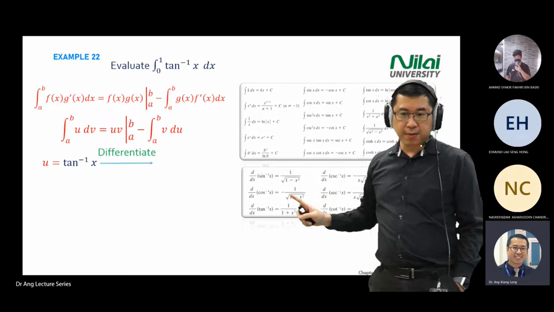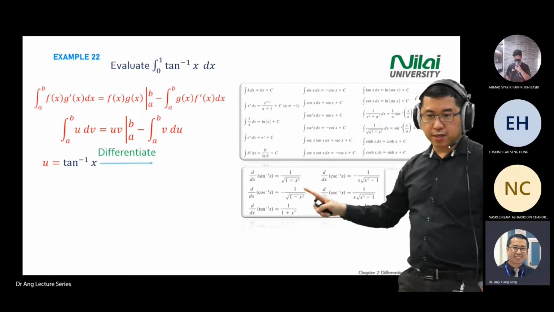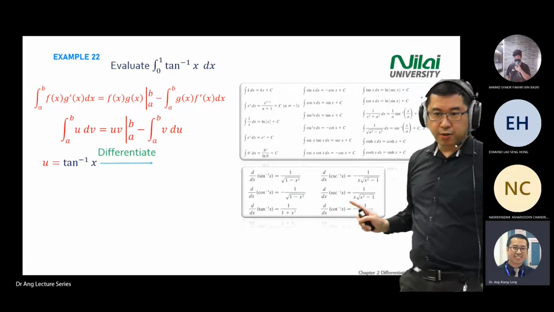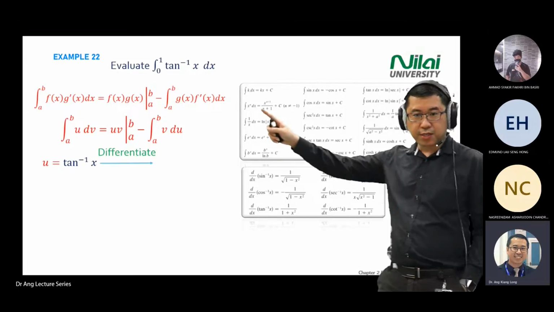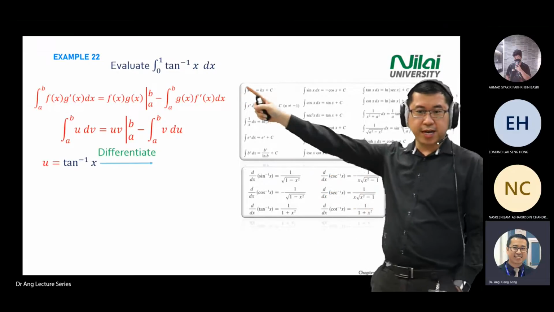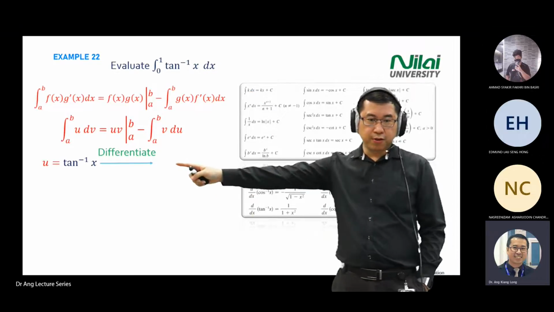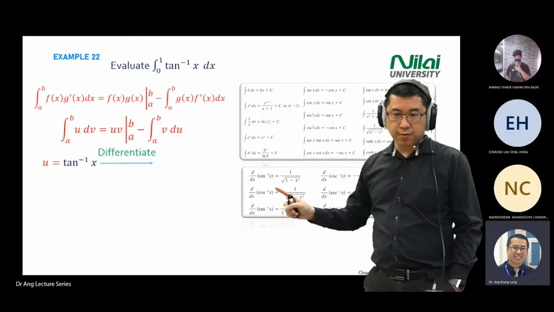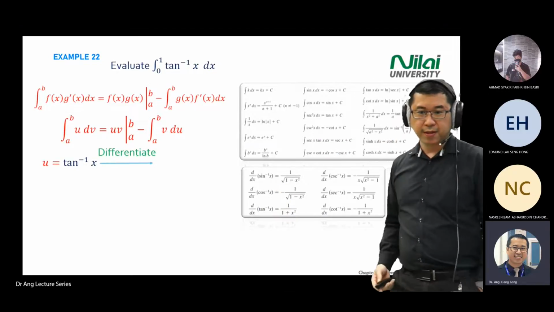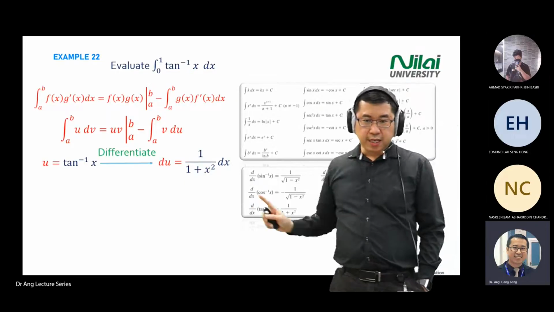So you use the table of d/dx of trigonometric functions, and the answer is x. If you see something with e there, then you use another table. This one is x, so you use this one. So you need to differentiate tan inverse x. Okay. So du/dx equals this one.